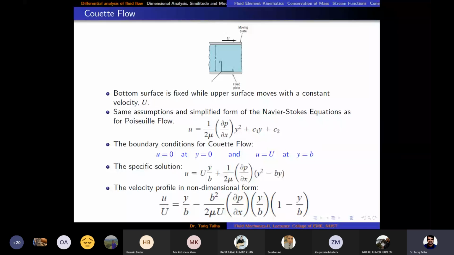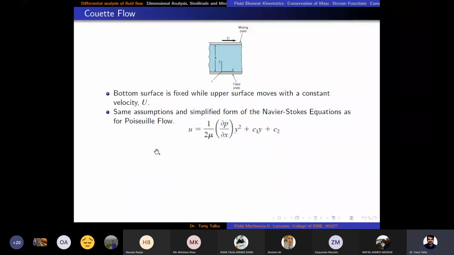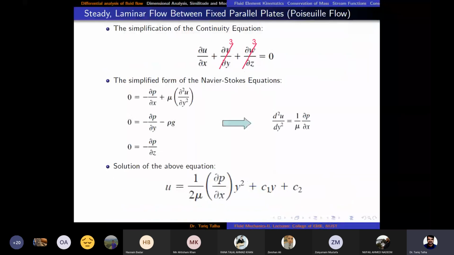In those cases, we cannot get these velocity profiles which are obtained by converting the governing equation into an ordinary differential equation. Where the mouse cursor is, you can easily see that this is an ordinary differential equation, and we can get the exact solution by integration.